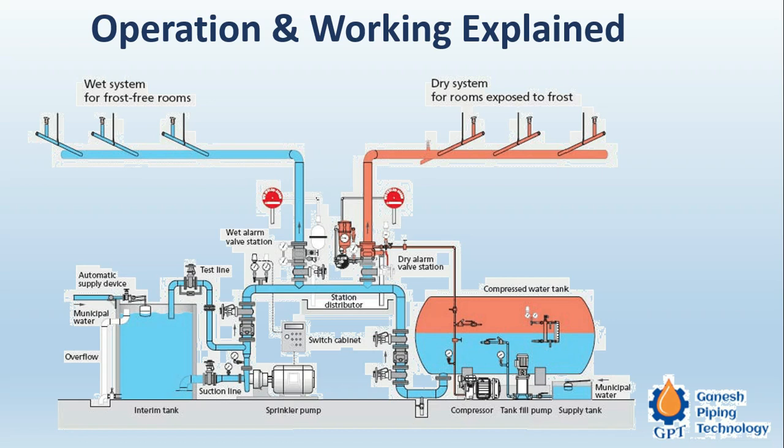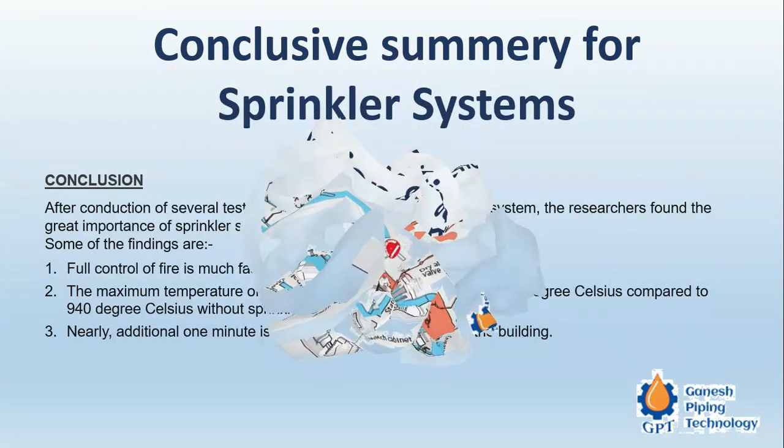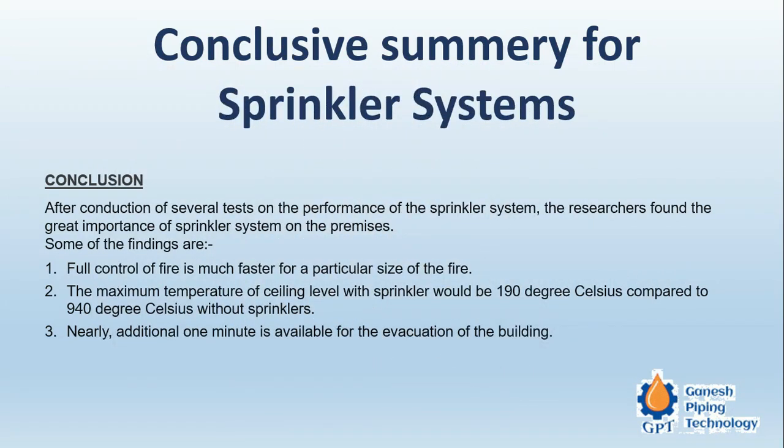This is a failure of the system in another way. So for that, we have to have pressure tight joints for this kind of piping. So this is all about the operation and working of the dry and wet fire system.